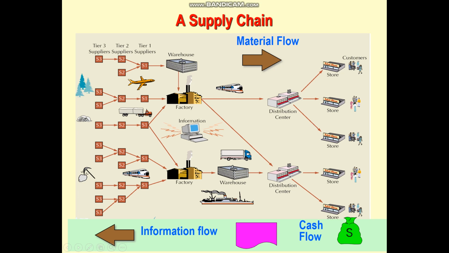Supply chain management includes planning, organizing, directing, and controlling flows of material, information, and cash. The goal of supply chain management is to produce and distribute products in the right quantities, to the right place, at the right time.